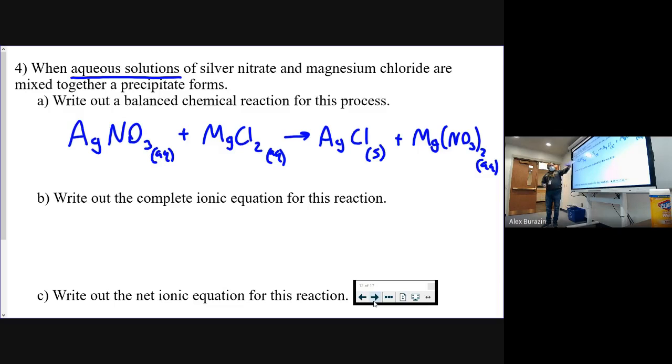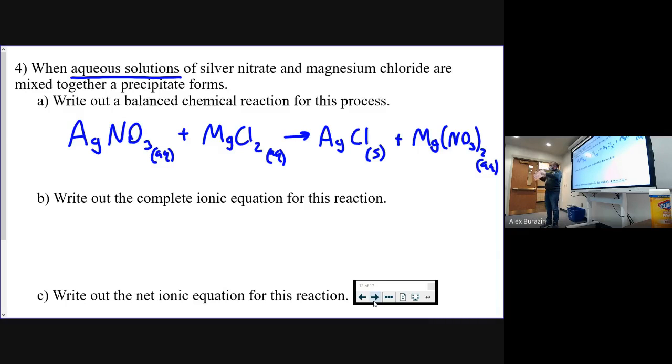So instead of writing it like this, all of these are ionic compounds. This is ionic, that's ionic, this is ionic, that's ionic. All 4 of them. Instead of writing aqueous ionic compounds together, we really should write them dissociated, because that's actually how they exist. When you have silver nitrate in water, in solution, it doesn't exist as AgNO3 molecules.